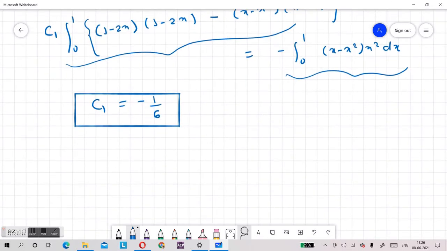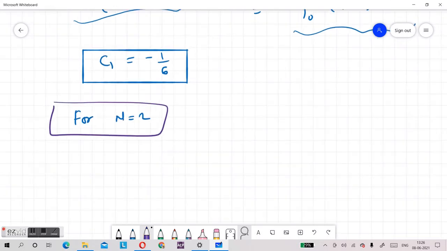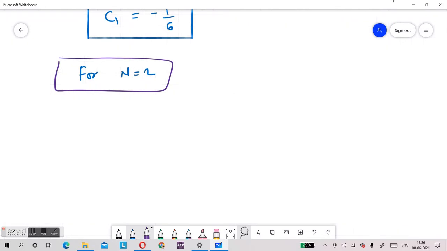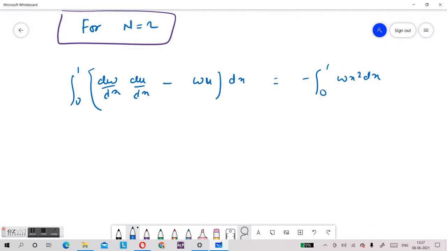Now if we solve it for n equals 2, what was our equation? Our equation will look like this: integral of dw over dx du over dx minus w u dx equals minus integral 0 to 1 of w x square dx. And we write it in the form of phi i for w, and u as sigma j equals 1 to n of cj phi j.